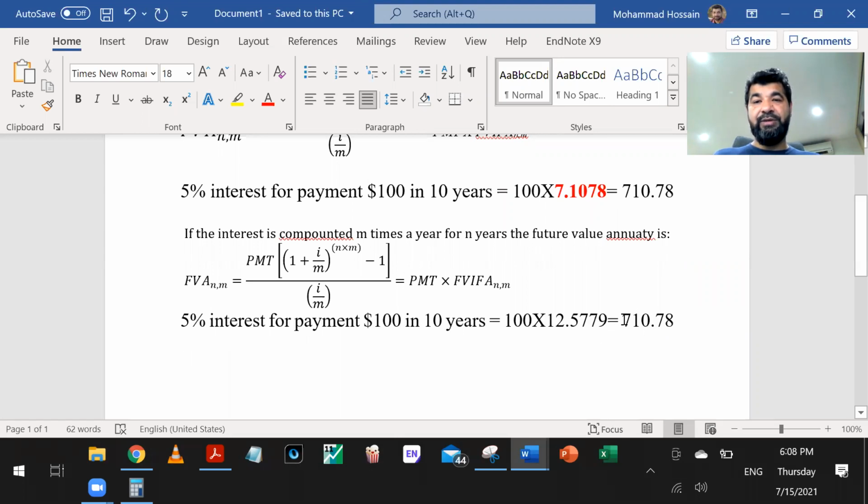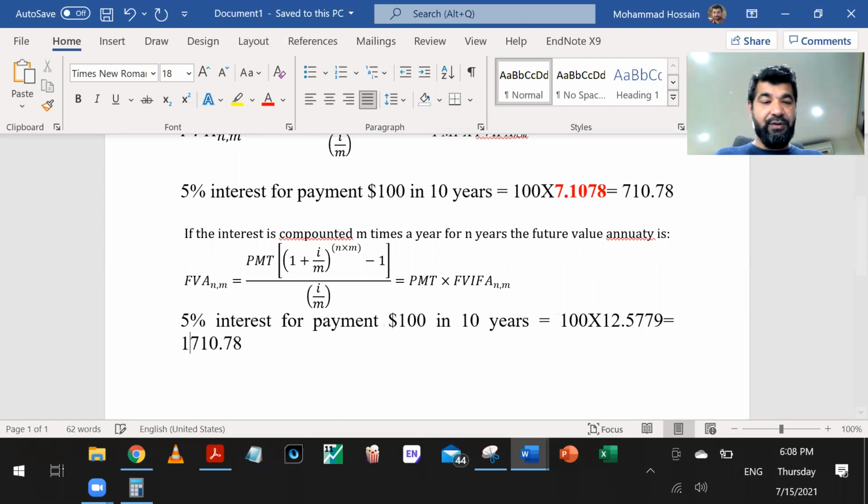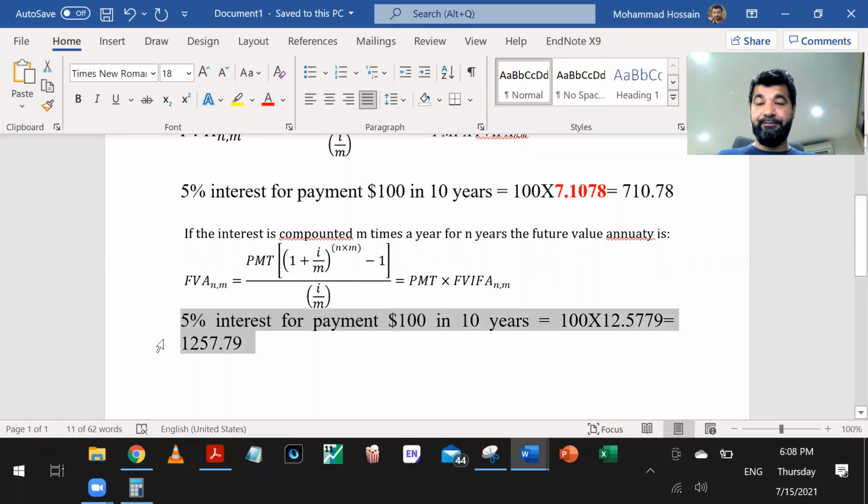So it's going to be 1257.79. That will be the one. Make sense now?